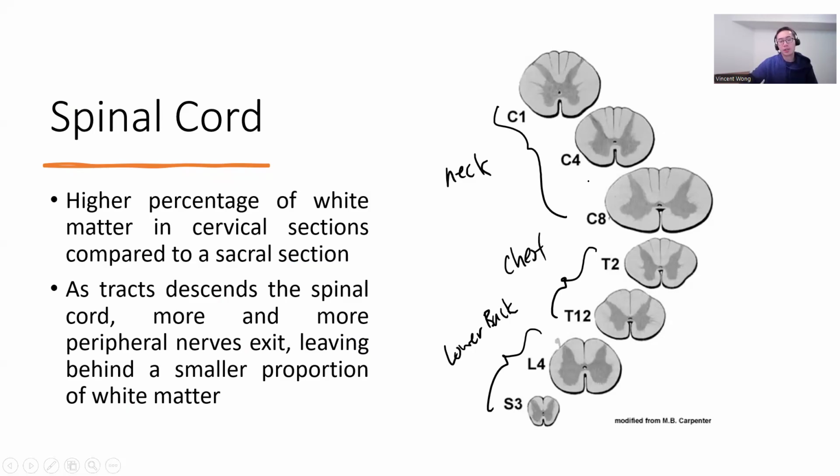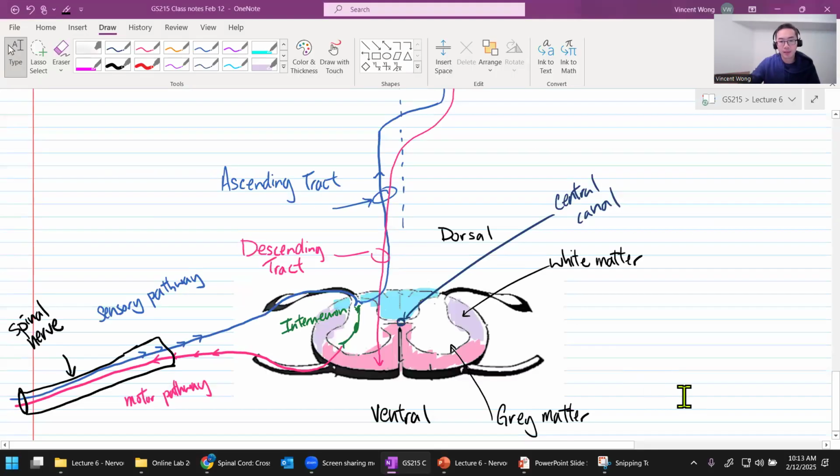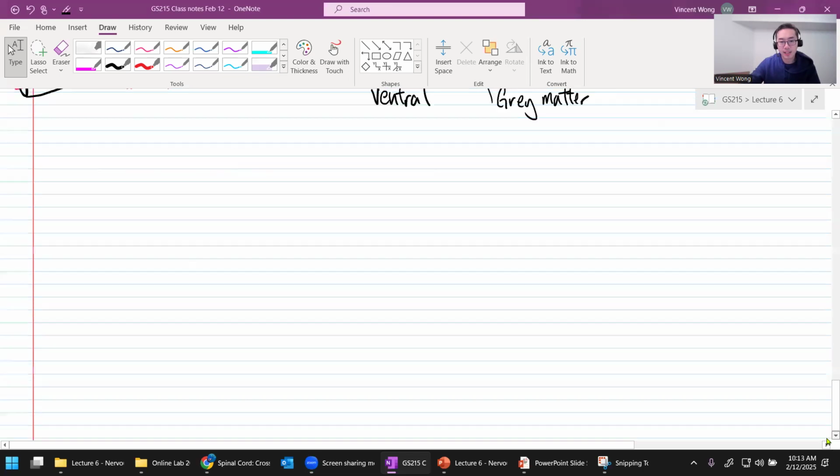Okay. So you can see there is a higher percentage of white matter closer to the head than it is at the bottom. And I'll try to explain this to you. Okay? Just ask if it's not very clear.